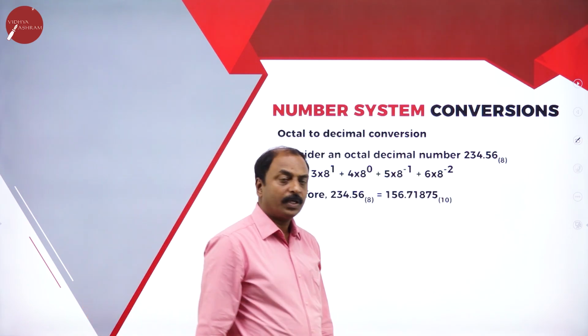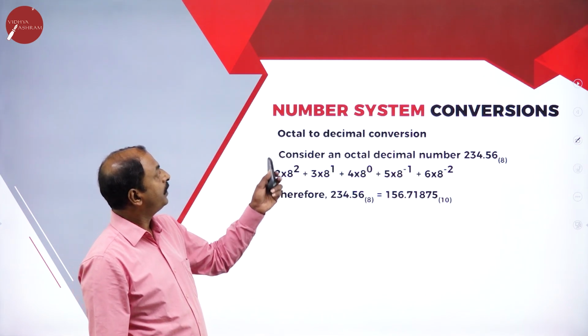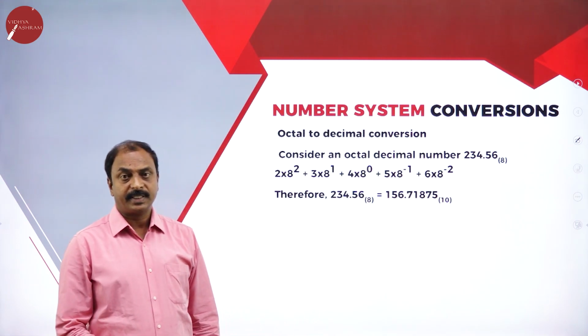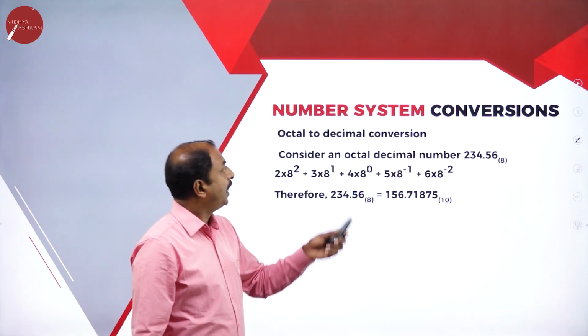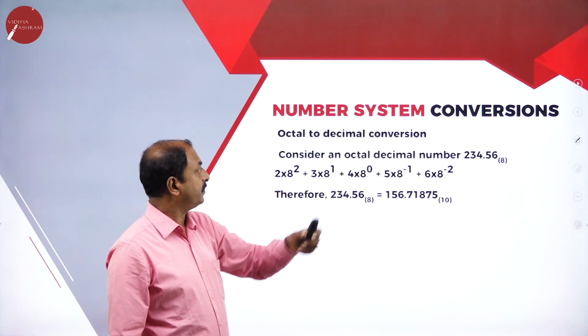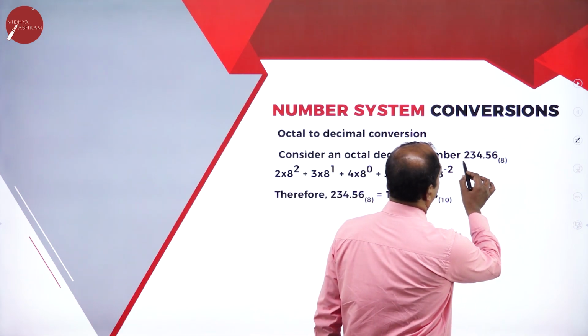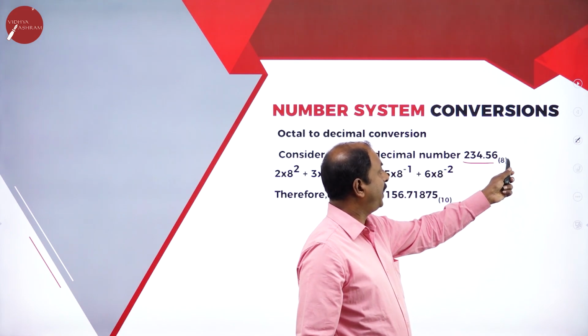Now let us move on to the next slide, and here is another type of conversion, octal to decimal conversion. In the previous example it was decimal to octal, now it is octal to decimal. In this example, the octal number is 234.56 to the base 8.